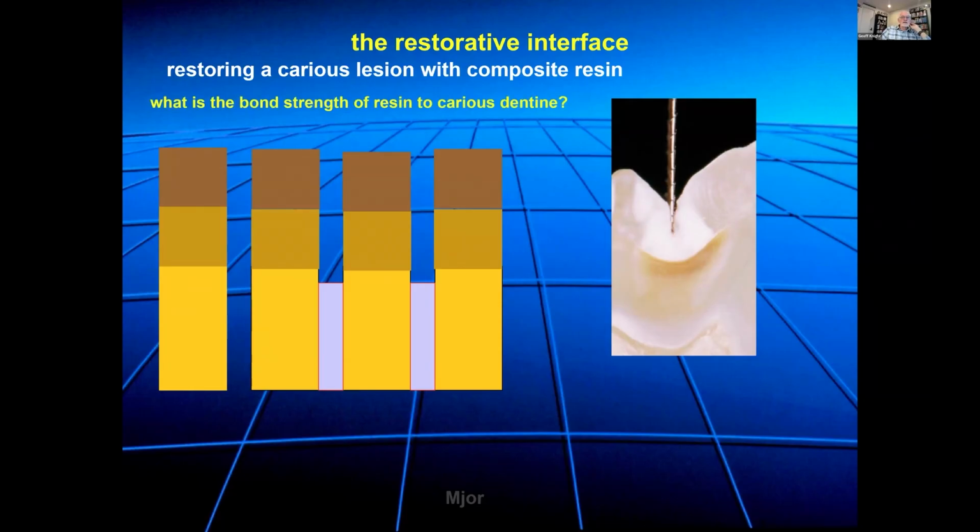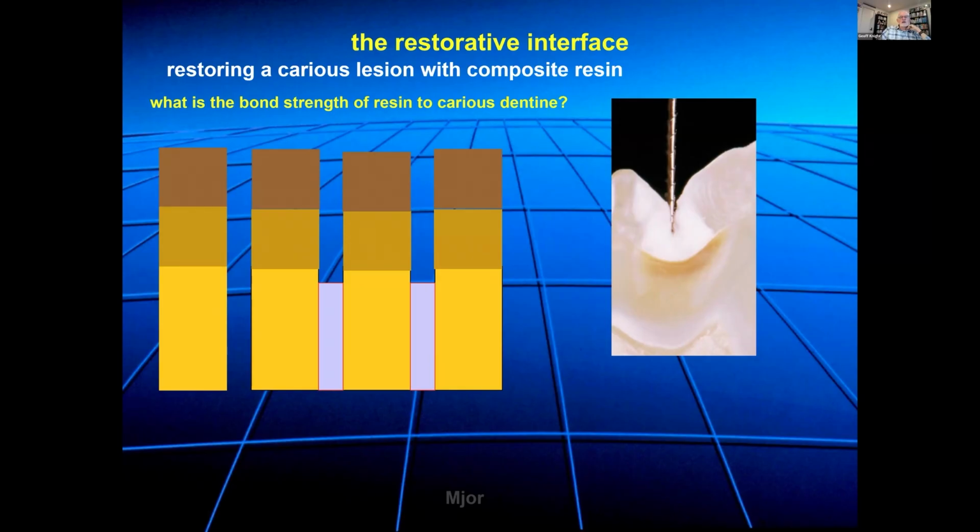So the question is, what's the bond strength of composite resin to carious dentine? Has anyone ever seen a paper on that? I think there have been a lot of papers, but they haven't bothered publishing them because the results are pretty ordinary.